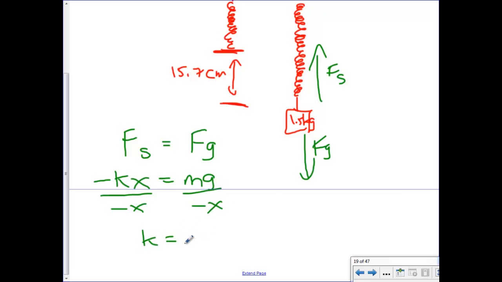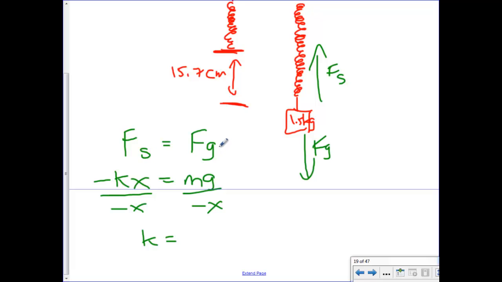Okay, so I have some work up here for where you'd go next. Because the spring was not bouncing up and down, there's no acceleration. If there's no acceleration, then these two things need to be equal to each other. So make negative kx for the restoring force equal to gravity.